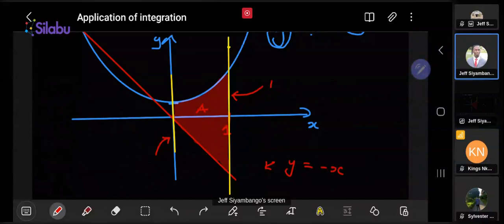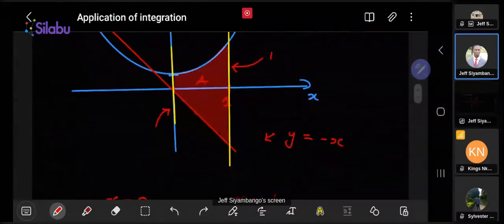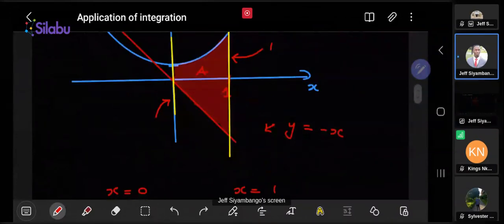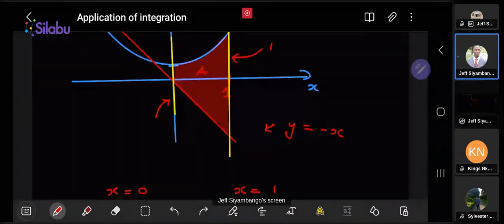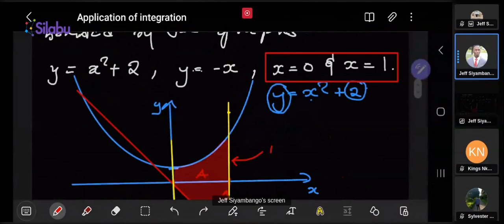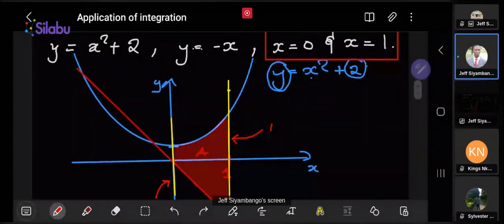Now, how do we get it? Sketching my graph ended up being a way for me to know which one is on top and which one is down. Clearly from here, you can see g of x. Have I labeled which one is g of x? We haven't. Let's choose. So here we can choose f of x to be this one here.